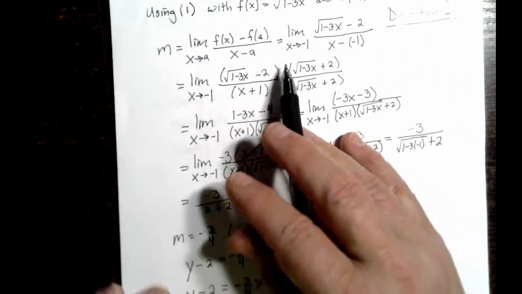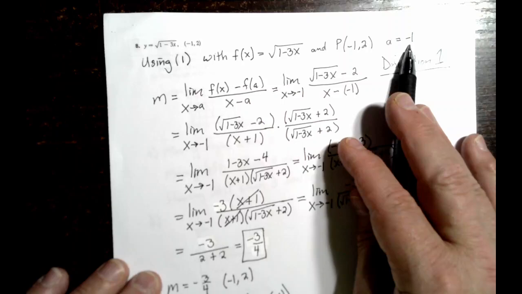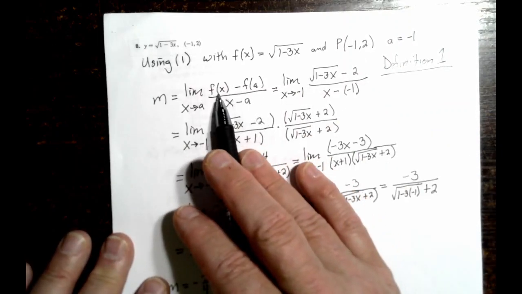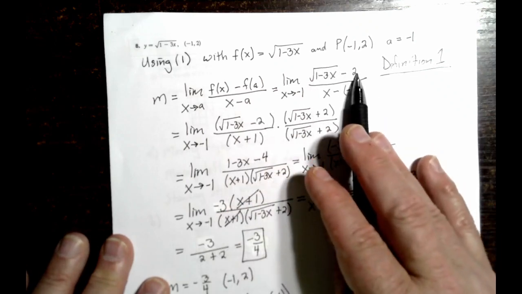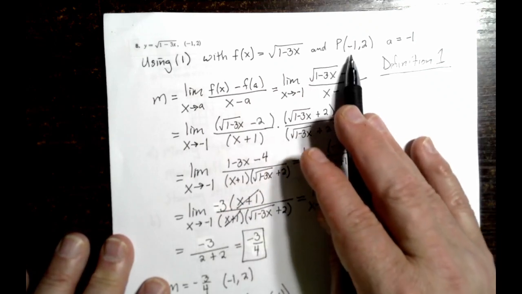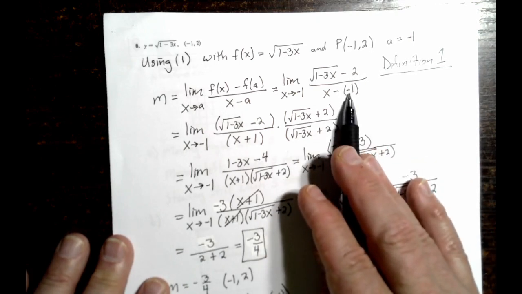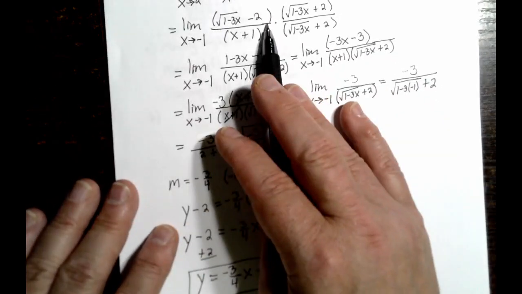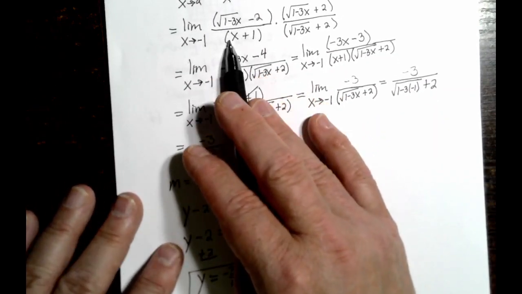This one goes back to using equation 1, and they tell you that a equals a very specific number of -1. So they're asking you to do f of x minus f of a over x minus a. So here's your f of x, here's your f of a. When you plug in minus 1 into the function, you get minus 2. And minus 1 in here for a, that's what a equals in this problem. You get it to this point, and you can't do direct substitution because you'd be dividing by 0.